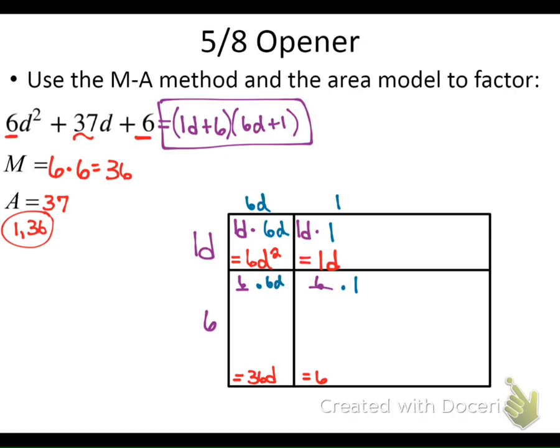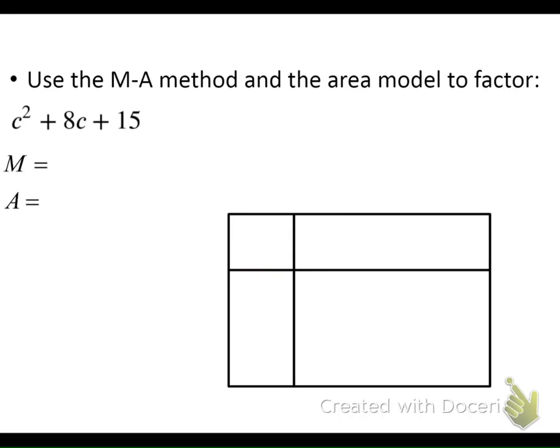All right. Backside. It's the exact same thing as what we did on the front side. So, AJ, how do I find my M? Well, I'm going to take my first coefficient times my third coefficient.